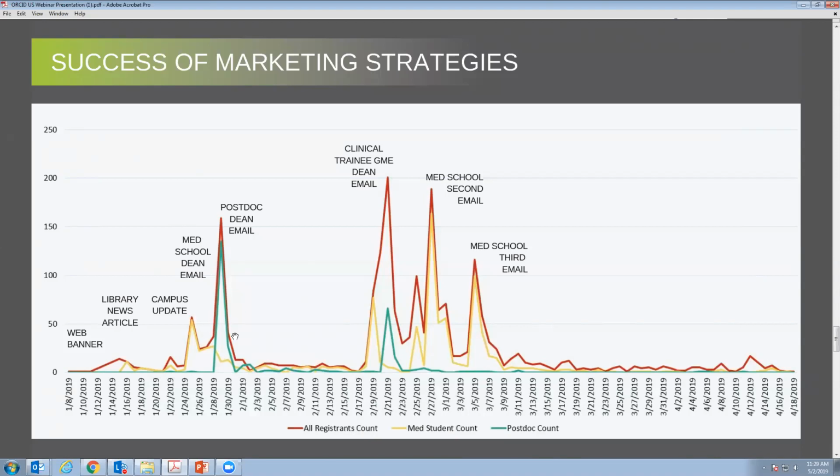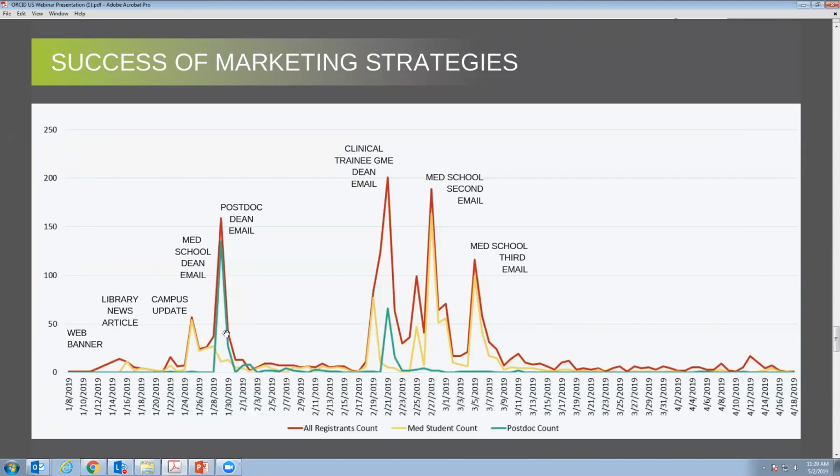That's why they're absent from these, because they had very small numbers, to zero numbers, frankly. And the 60 for graduate were directly related to an email push from their administration saying, you're graduating, register for an ORCID ID.